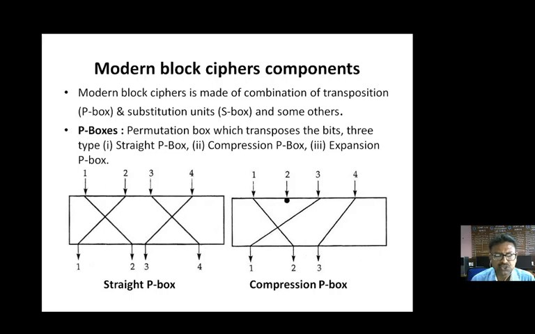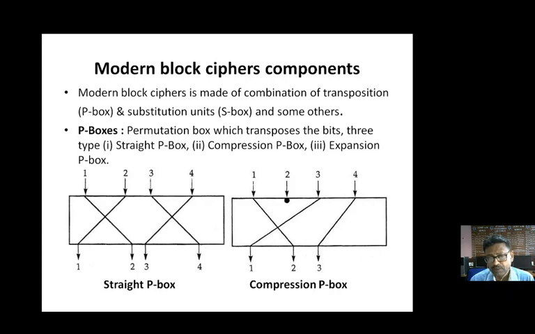As the illustration shows, the straight P-box has the property that whatever the number of inputs, the same number of outputs is received. The only difference is that the positions of the bits change. If there are 4 bits in the input, we will receive 4 bits in the output.